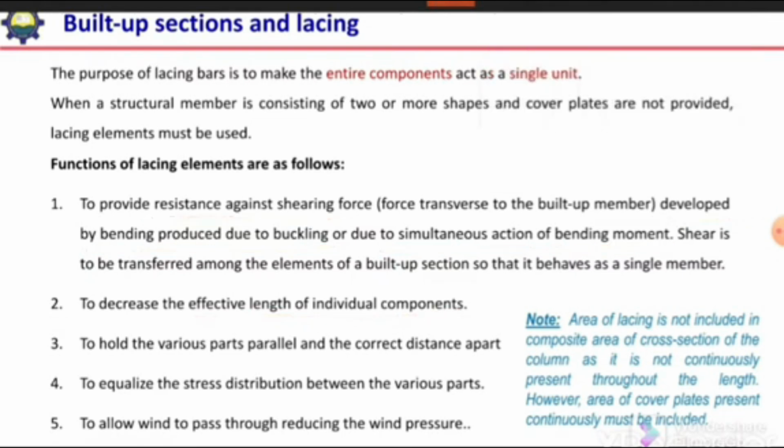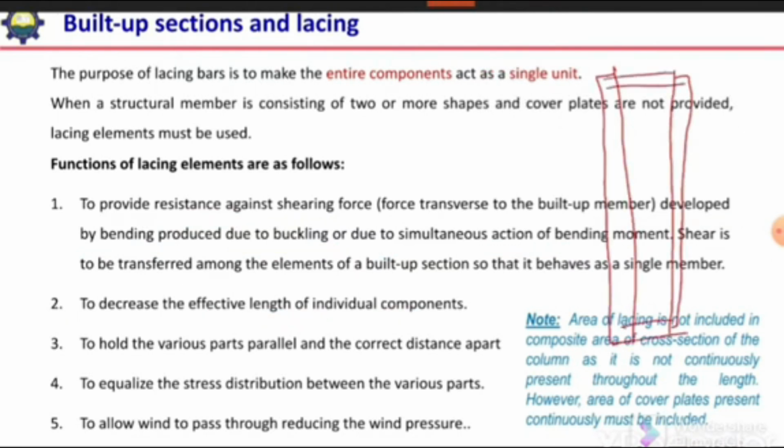In a built-up section, we have, for example, these angle sections. When we make a built-up section, the length of an individual member will be sufficiently large. If we consider an individual member, its slenderness ratio may exceed the limiting value of 200.